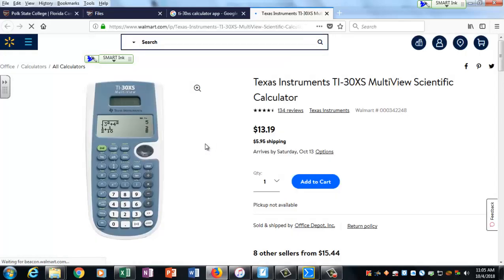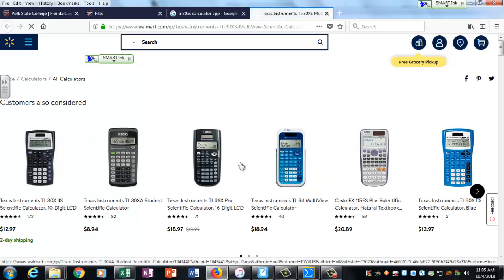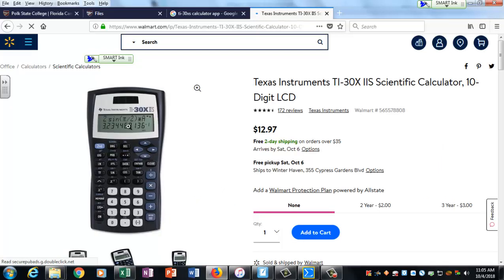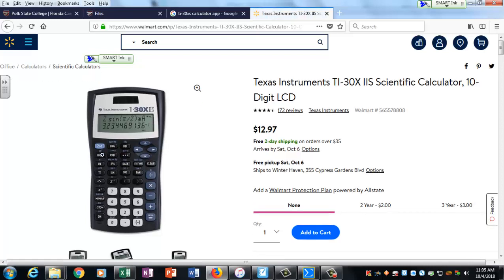How many of you have a calculator that looks like this one? If you have this one, which is very similar to what I give you in class for the test day, it would be 3 and hit second and hit this caret key.